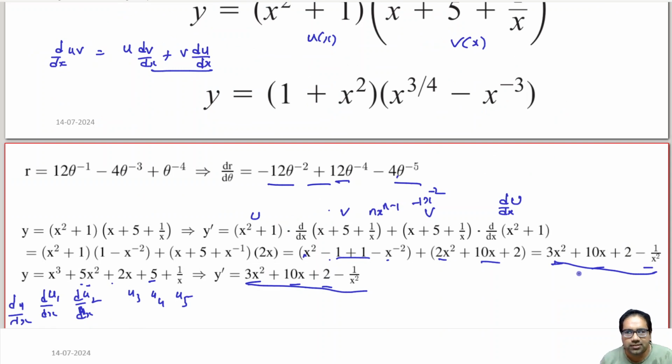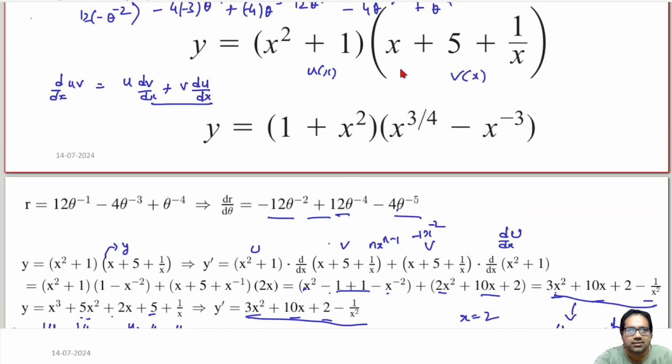This function gives the slope of y at whatever x we choose. At x equal to 2, if you want to find the slope, we just input x equal to 2 in this equation.